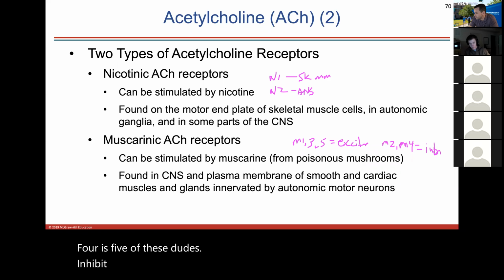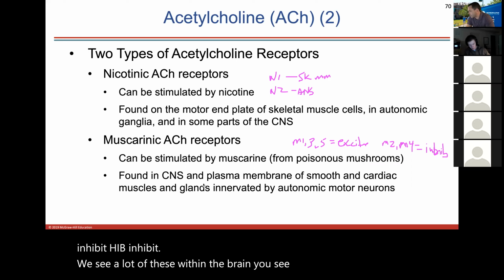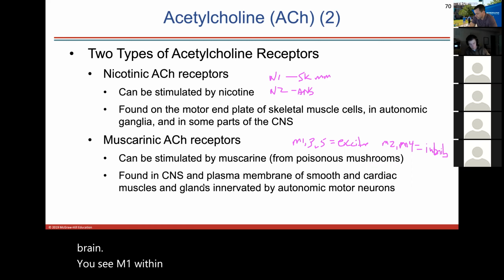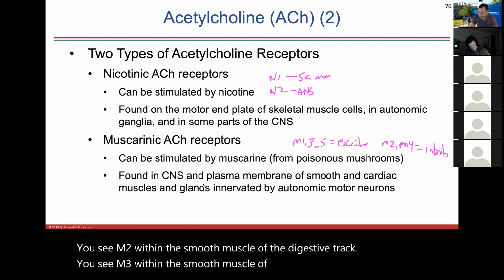We see a lot of these within the brain. You see both M4 and M5 within the brain. You see M1 within the brain, and you see M1 within the stomach. You see M2 within the smooth muscle of the digestive tract. You see M3 within the smooth muscle of the digestive tract.